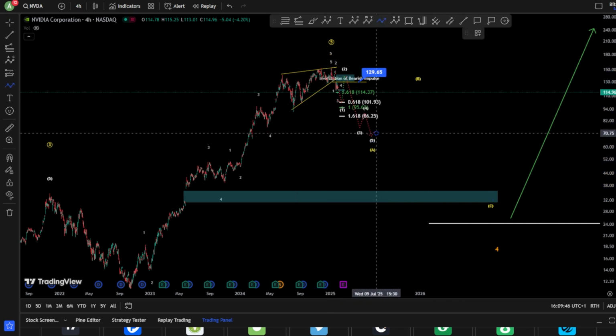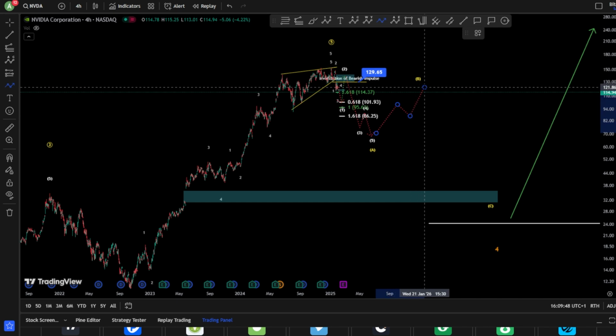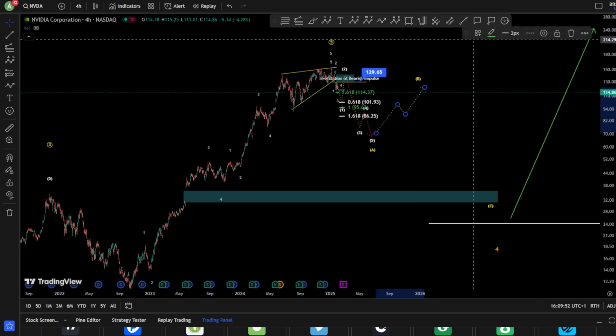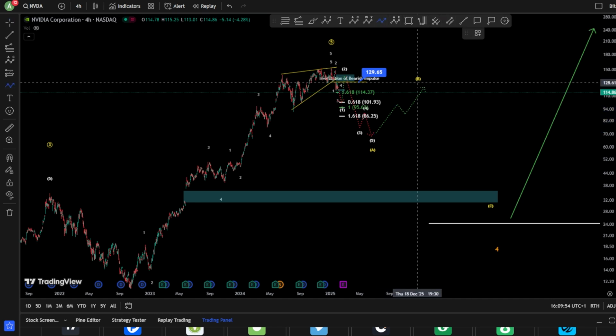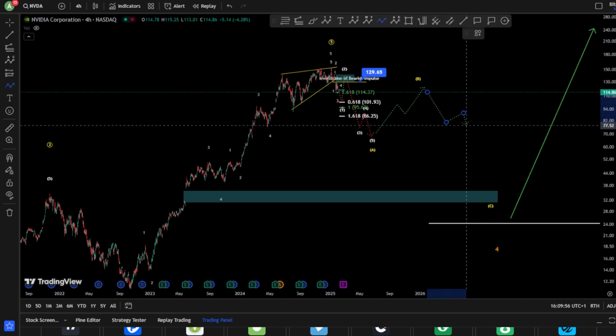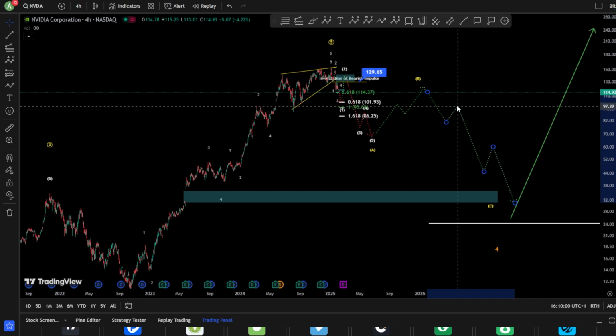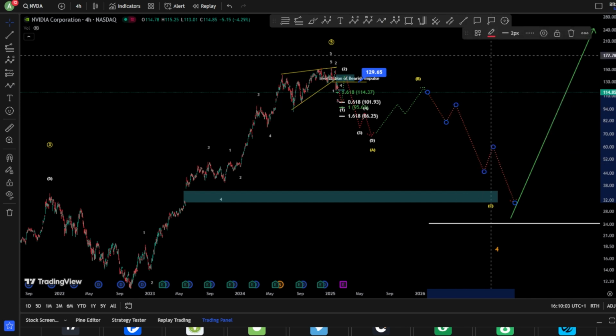So this is our path as well, 3 waves up in green, and then of course a wave C toward the downside, of course, as an impulse to close this gap.